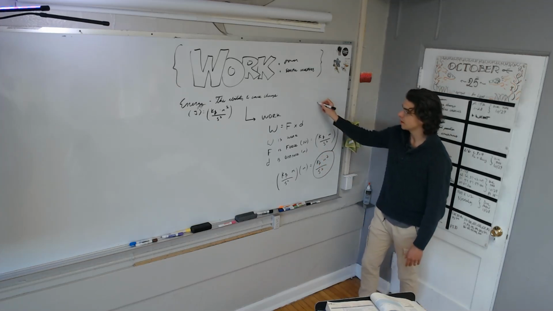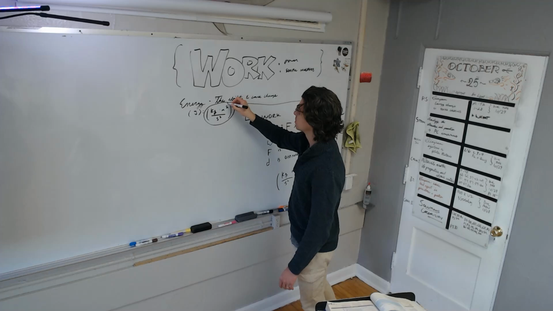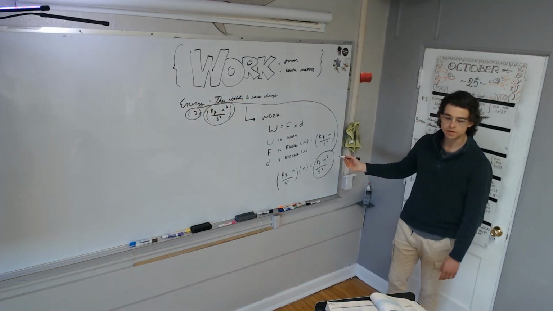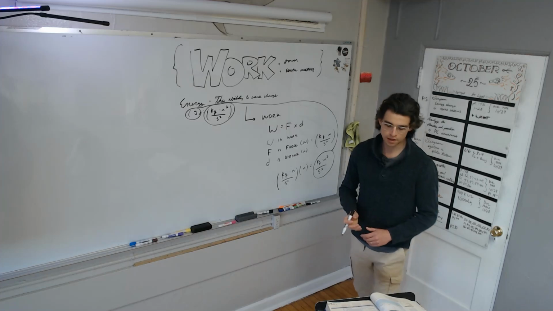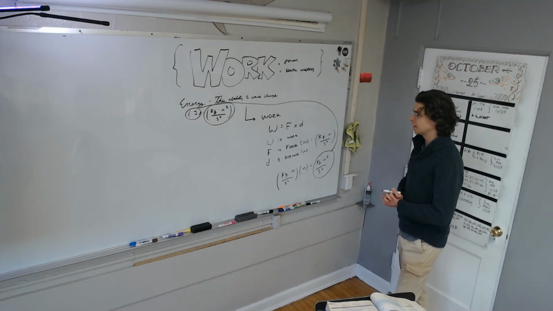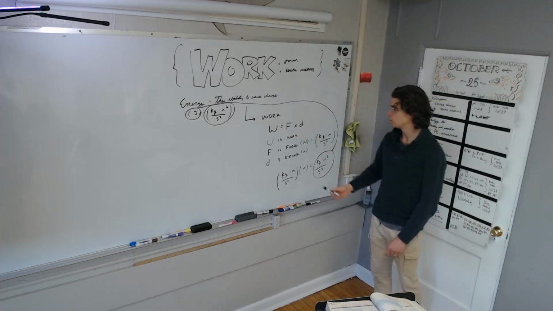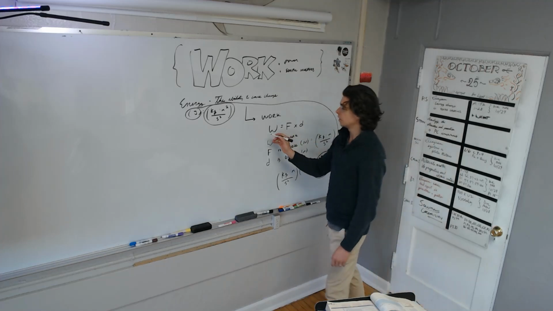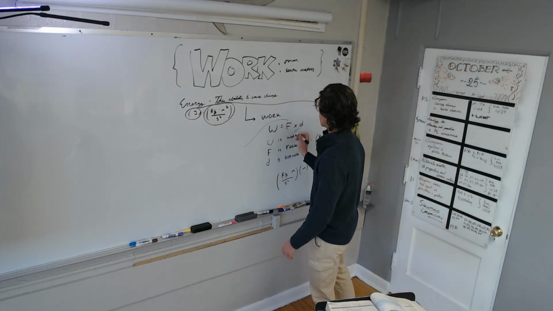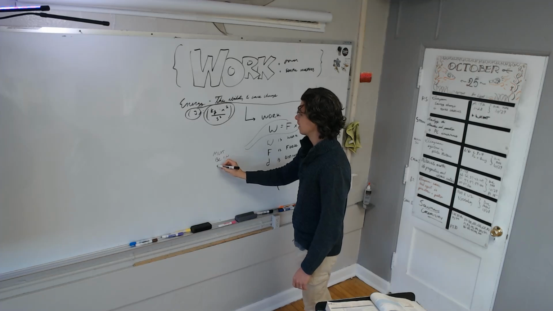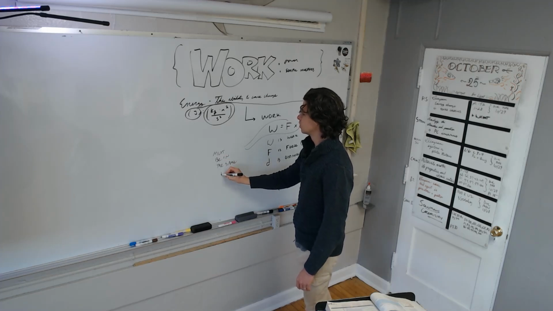This is the same as that, which means it's the same as a joule. So again, we measure work in joules. Sometimes we measure work in Newton meters, but that's an uncommon way to do it. Usually that unit Newton meter is reserved for torque, but this is how we measure work. And it's really important that we know that these two things, force and distance, must be in the same direction.